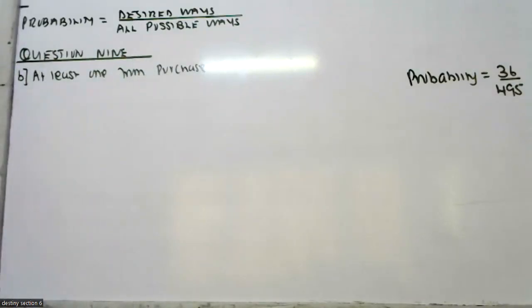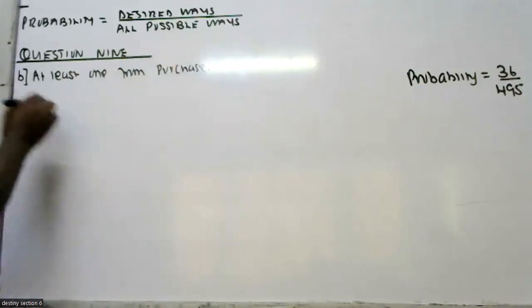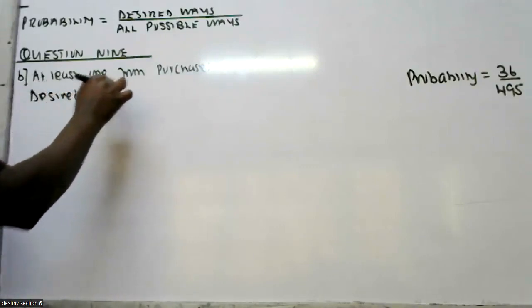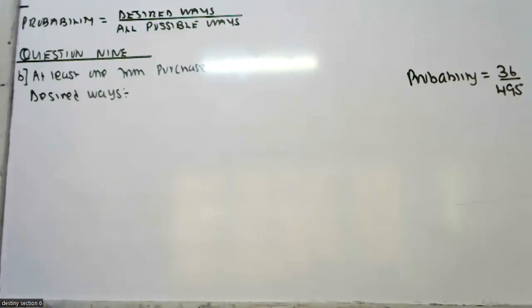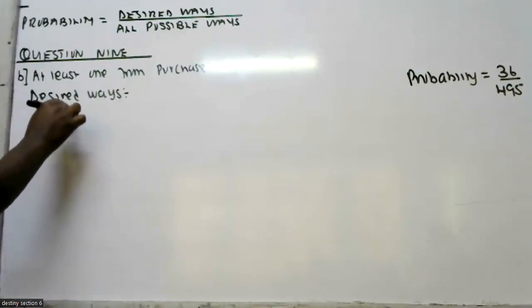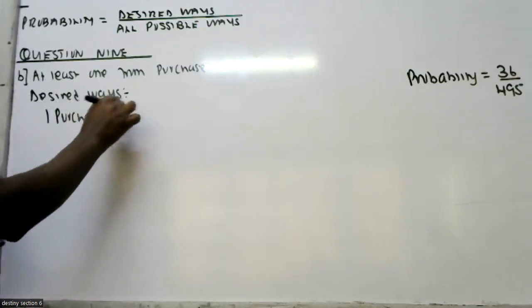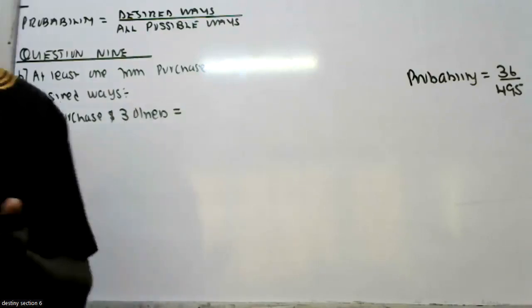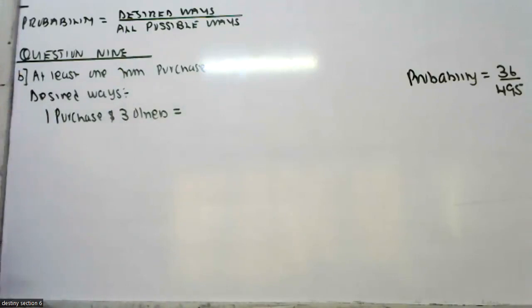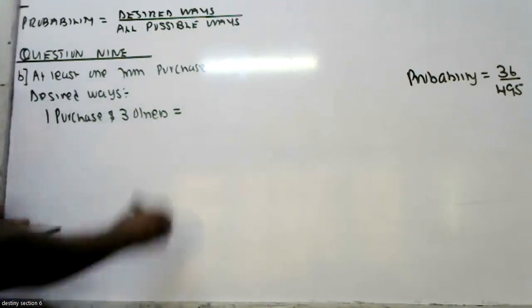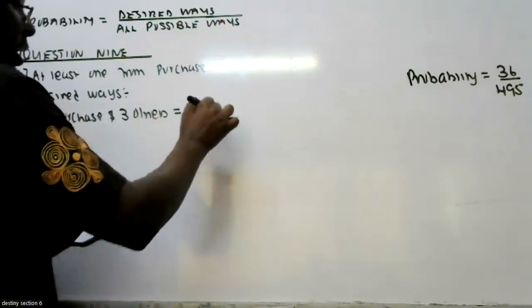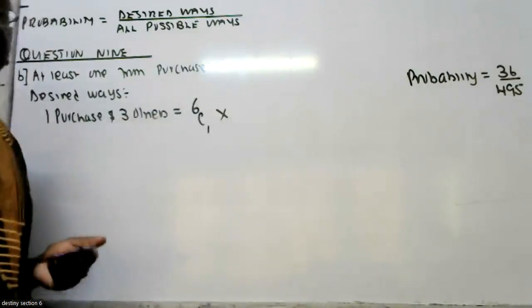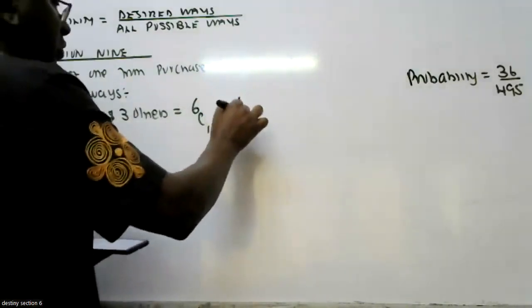When you are told at least one from purchase, the desired ways will be one purchase and 3 others, because we need 4 guys. So purchase we have 6, so 6 combine 1, and because in total we have 12 persons, when you already have selected 6, we are left with 6 others. So 6 combine 3.